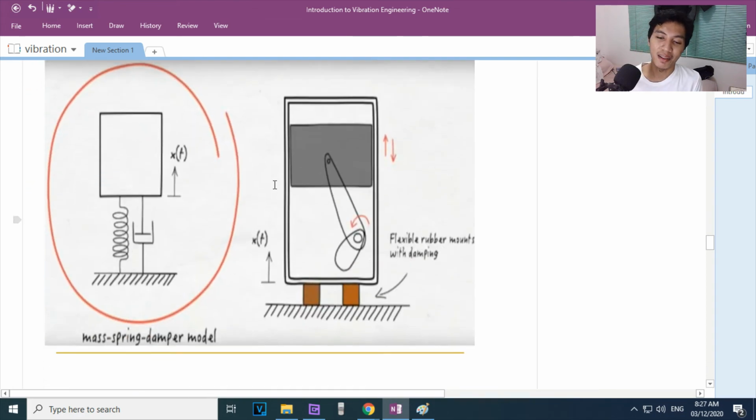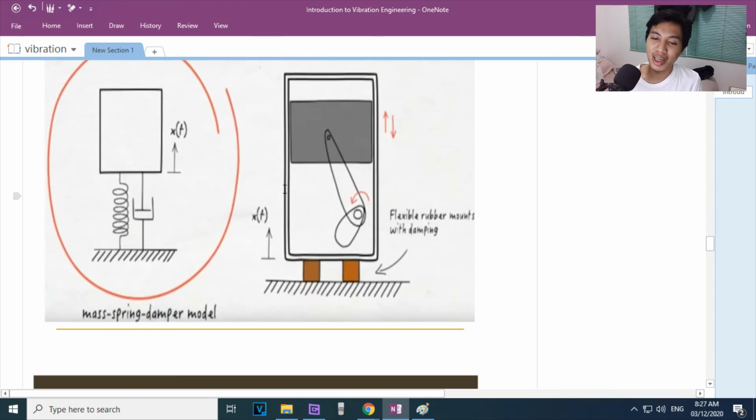Next. Ayan. So, this is now the mass spring model. Gagawa tayo nito. This is the representation of a cylinder and piston machine. The cylinder and piston machine is moving from top dead center, ito yun, TDC, to bottom dead center, dito sa baba. Now, meron kang flexible mounts. Ito yung nag-absorb.